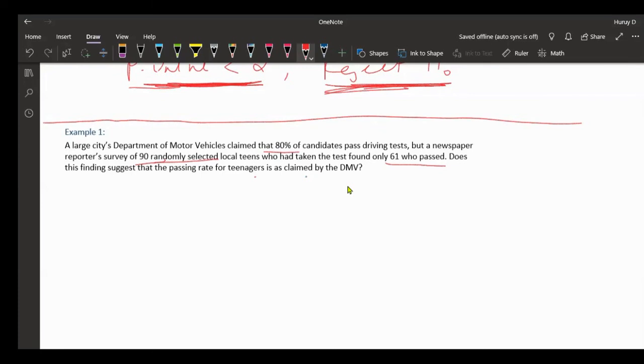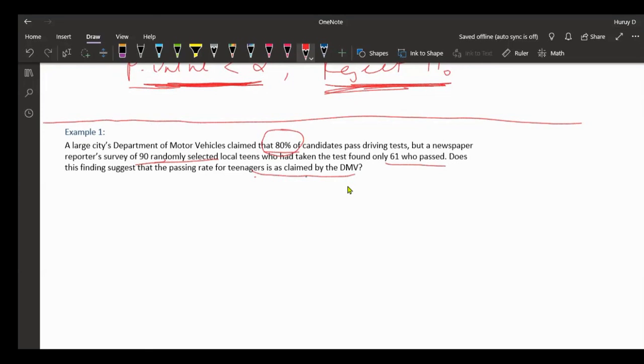Our sample is these 90 teens, and out of these 90, only 61 passed the test. And the DMV claimed that out of all those who take the test, 80% pass. That's their claim, and we are trying to check if we agree with that claim based on our sample. So the question is, does our sample suggest that the passing rate for teenagers is as claimed by the DMV?